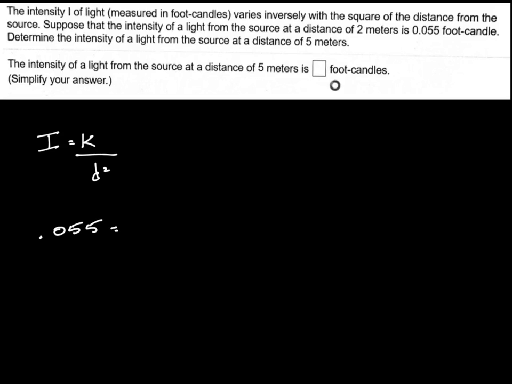We're given that I is 0.055 at a distance of 2 meters, so 0.055 equals k divided by 2 squared. Multiply both sides by 2 squared, or 4, and we get k equals 0.22. Rewriting the equation, we get I equals 0.22 divided by d squared.